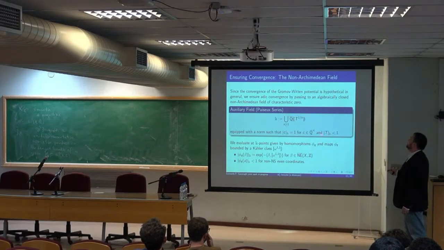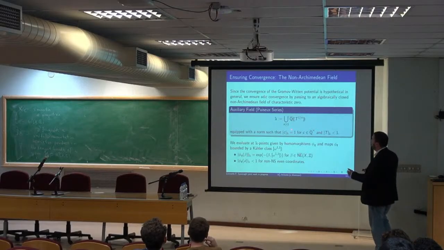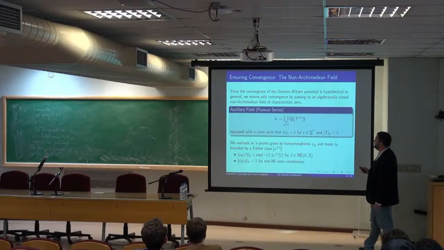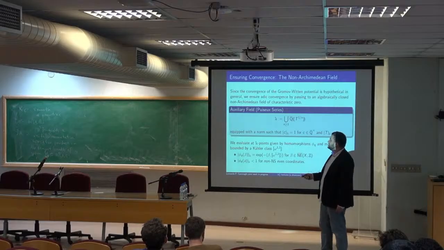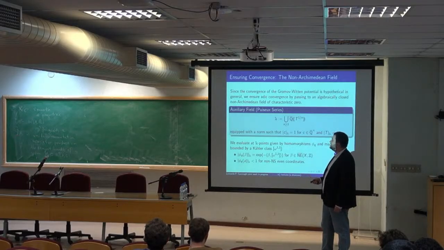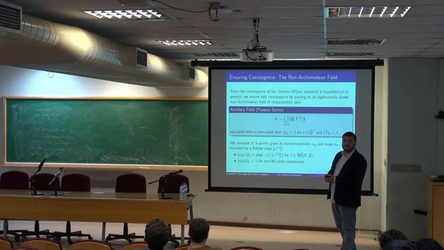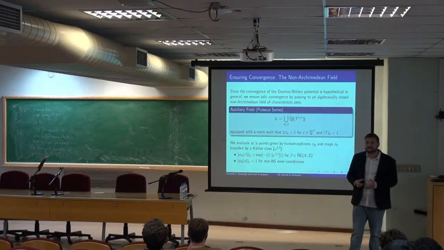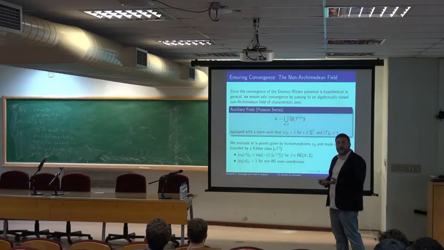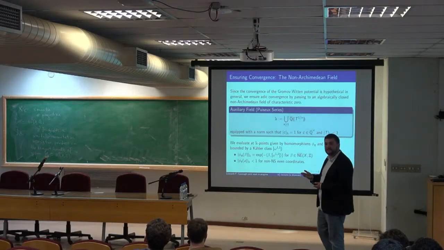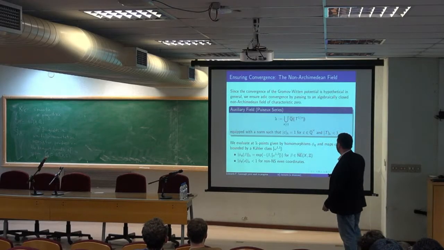So you do this by introducing some auxiliary field. Maybe I'll not enter into details about that. But all that I want to say is that the idea for the next slide is to actually replace this M that you have defined by some manifold that you're going to call a model manifold, where for the Gromov-Witten potential defined there we actually have convergence.